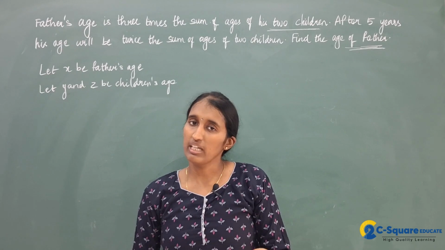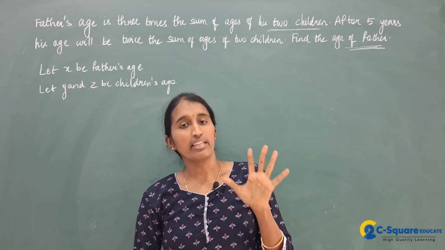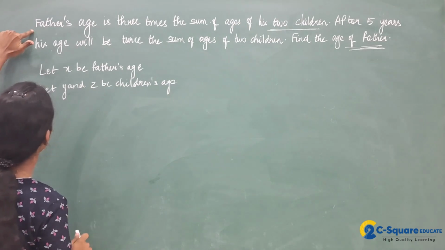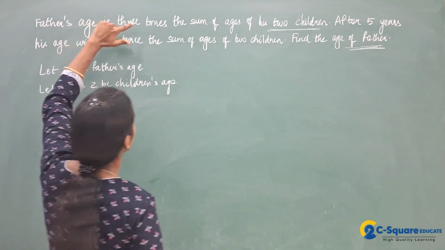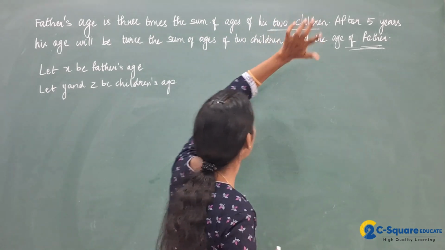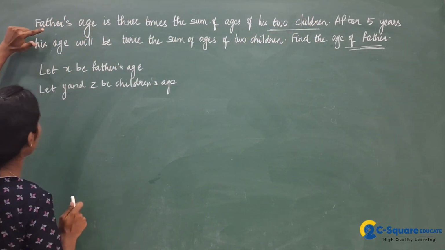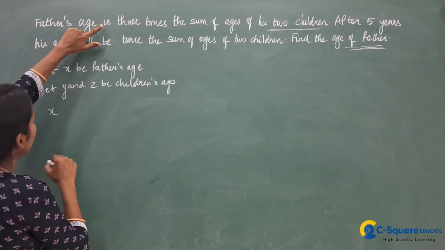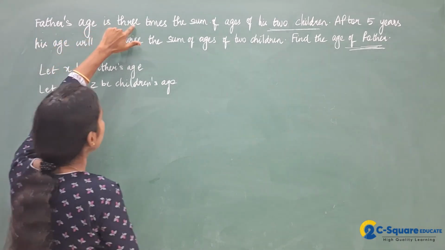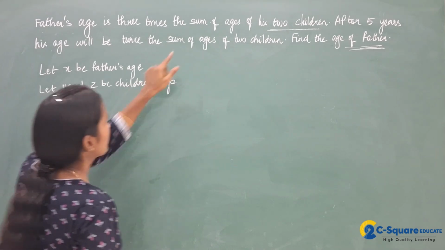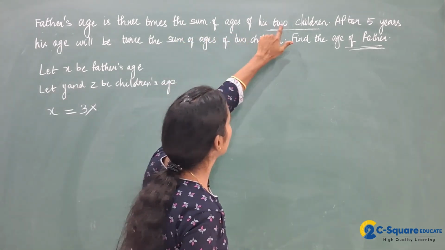Then what is the next step? We need to frame the equation. So let's read the first statement. Father's age is 3 times the sum of ages of his 2 children. We'll go word by word. Father's age is X. Is 3 times the sum of ages of his 2 children.